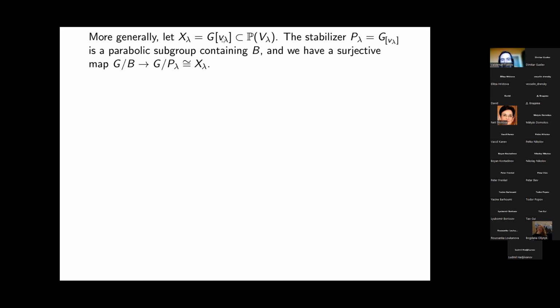This is called a flag variety. This class of varieties is very important, special in one sense, but also very universal. So all homogeneous projective varieties have this form: a semi-simple group and then the orbit of a highest weight vector.